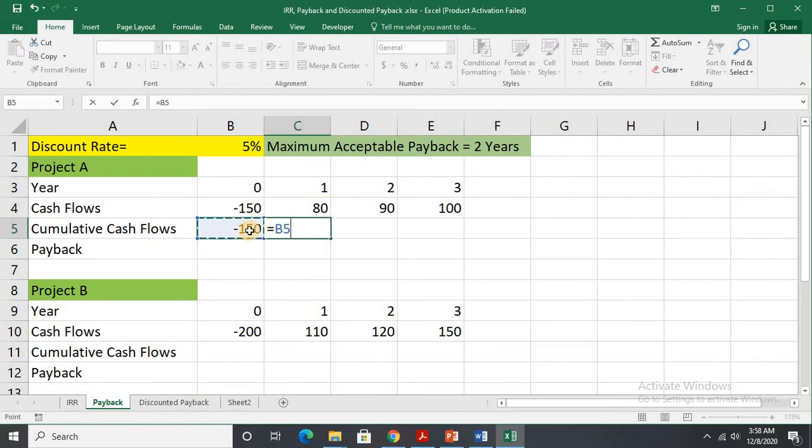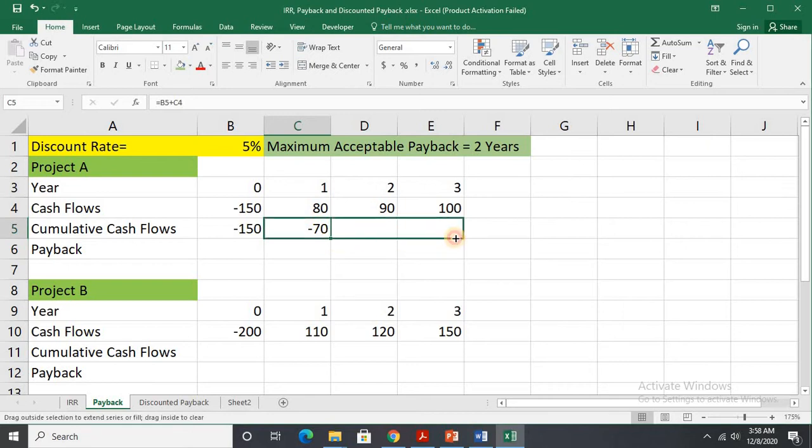So click on this cash flow, minus 150 plus the total cash flow in year 1. Then press enter. Now write this one for other years. So these are the cumulative cash flows of project A.